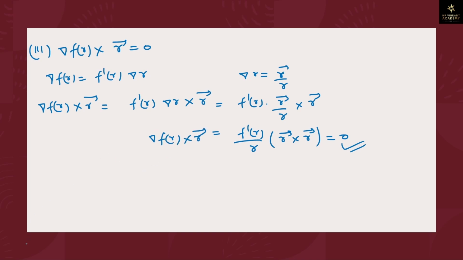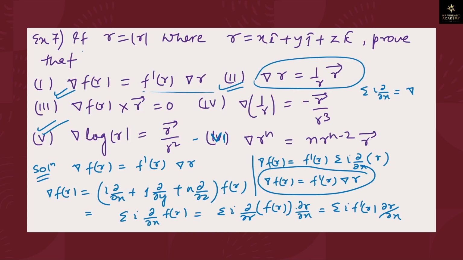Okay, let us discuss the fourth part of this question. What is given in the fourth part? Del of 1 upon r is equal to r vector upon r cube. Okay, how can we solve this? From the first part we have the gradient of fr is equal to the derivative of fr with respect to r, f dash r into del of r.